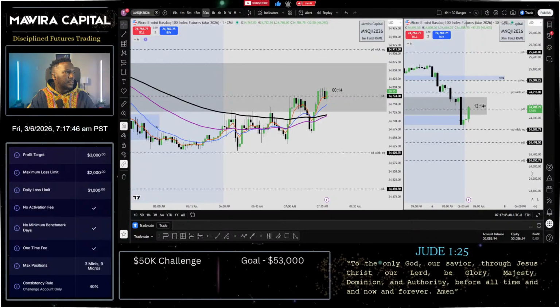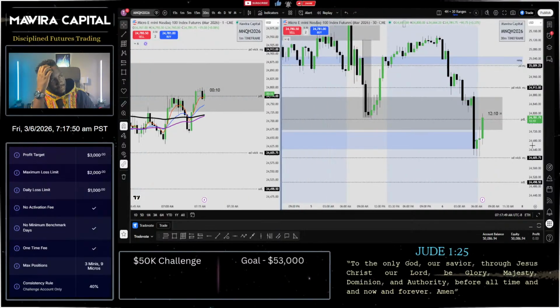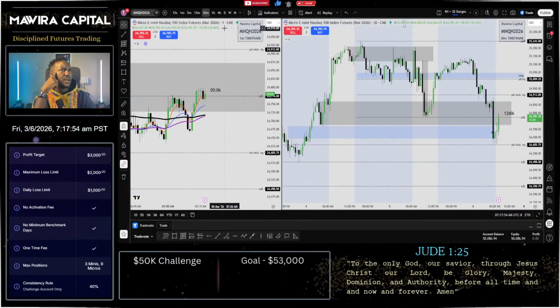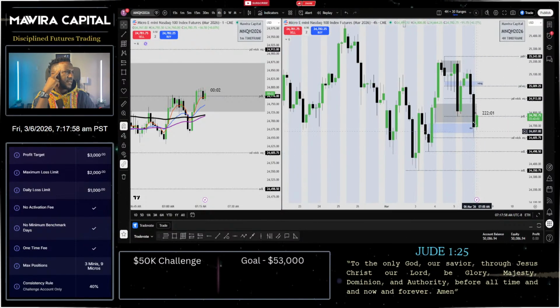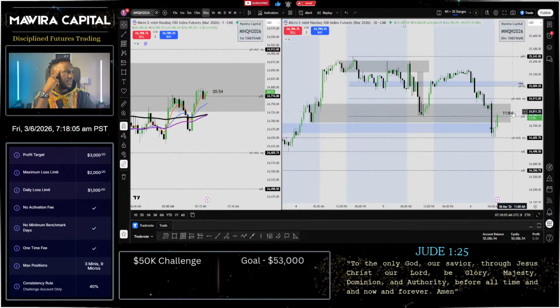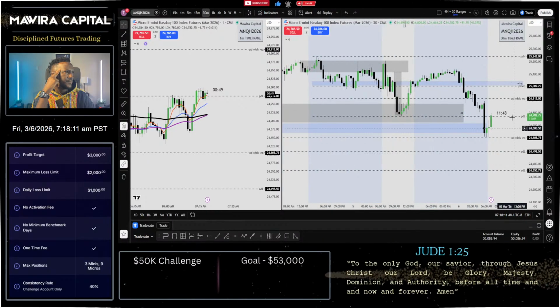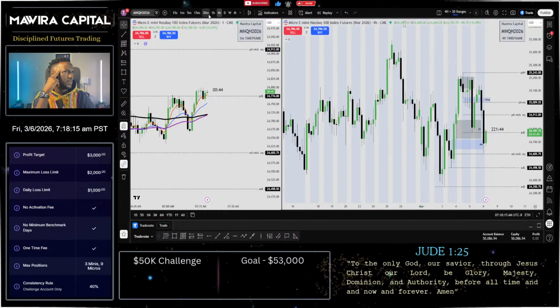Now looking at if we can plan ahead what we may see, from what I'm seeing right now, that 4 hour is kind of offering support there. So let's take this back because I don't see you being used. 1 hour.